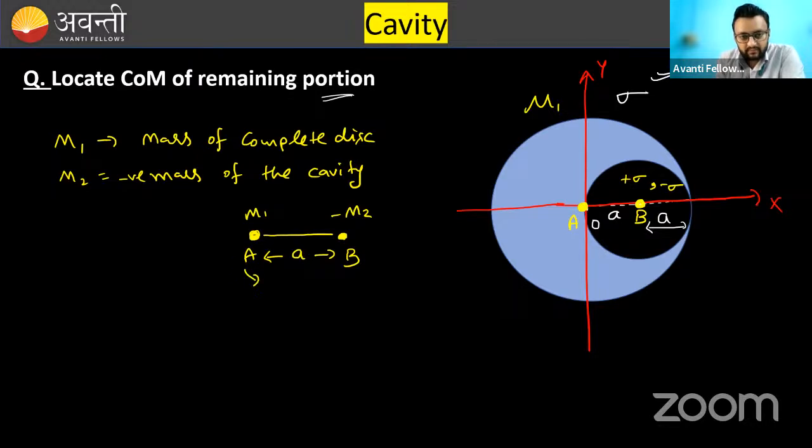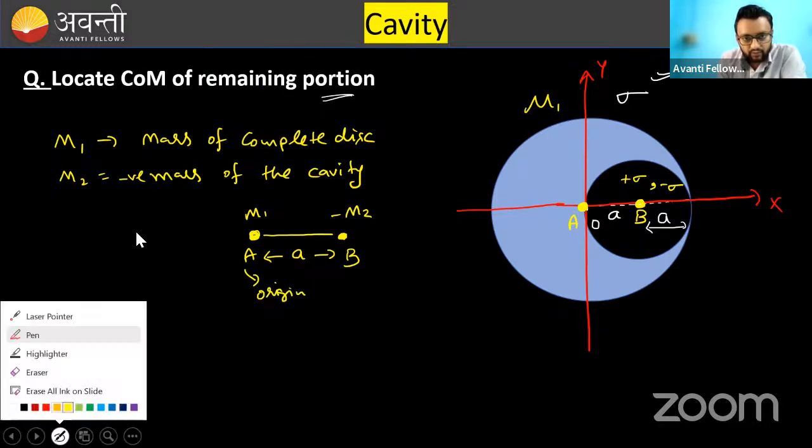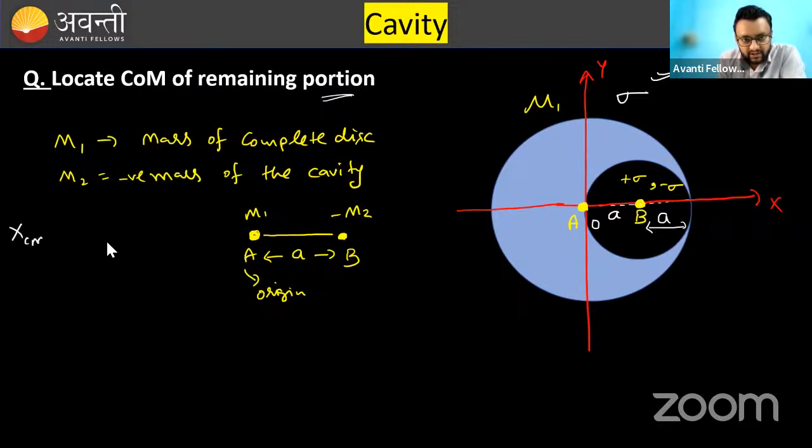A is the origin. The second mass is M2. This separation is A. So the center of mass is M2 into A divided by M1 minus M2.